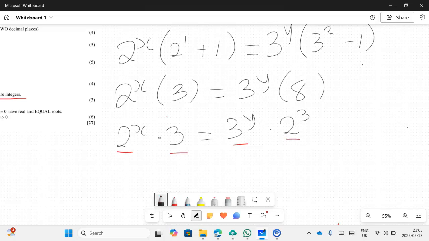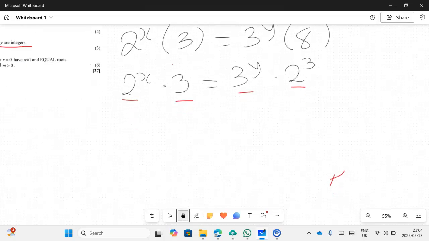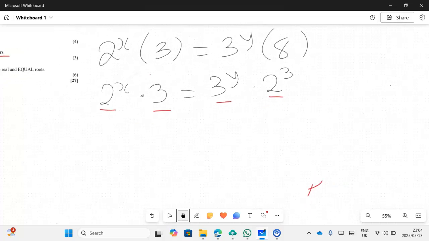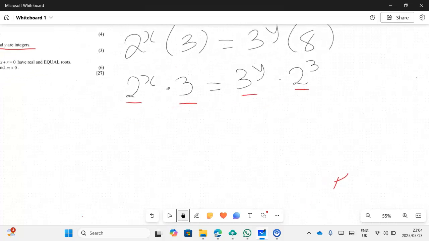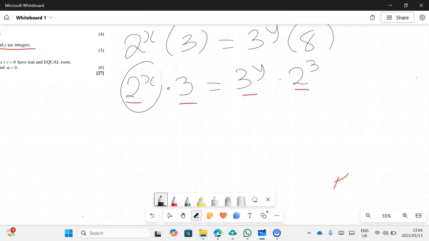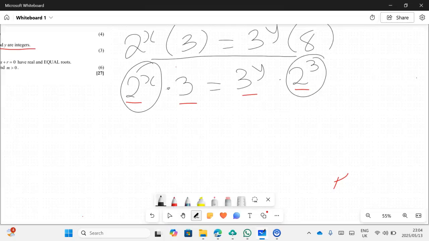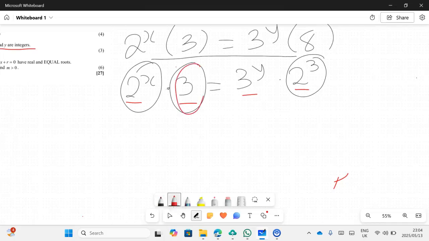So it will be evident to say, since on this side I have 2^x, this must be equal to that. This must be equal to this, and this one, let me use red, this one must be equal to that one.